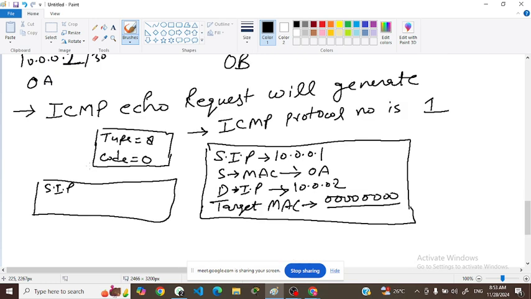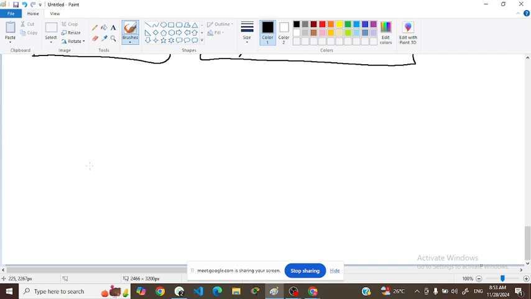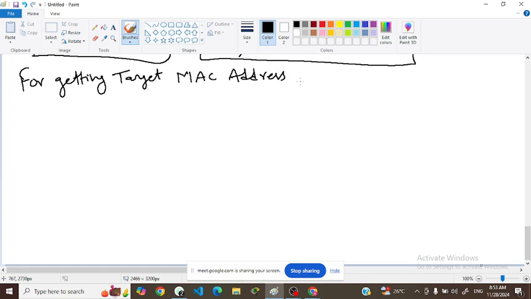For getting the target MAC address, PC1 will generate an ARP request.